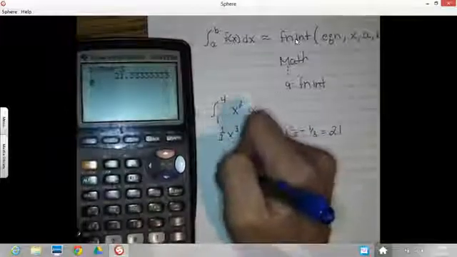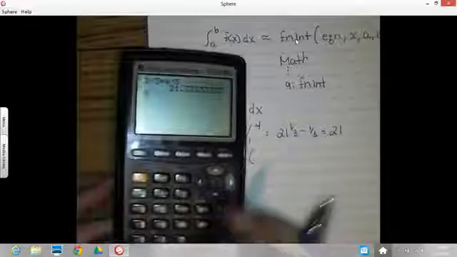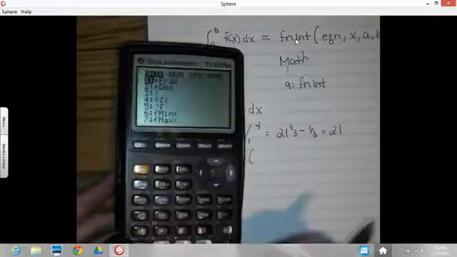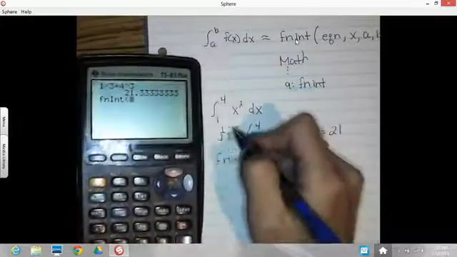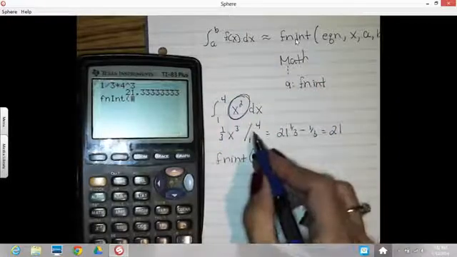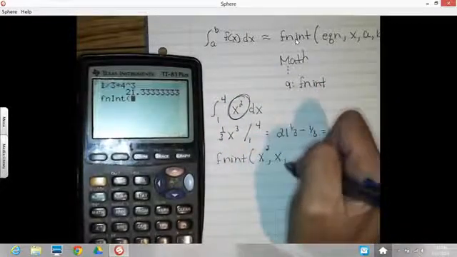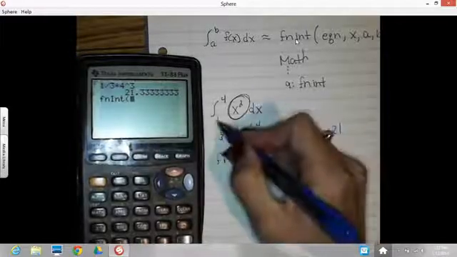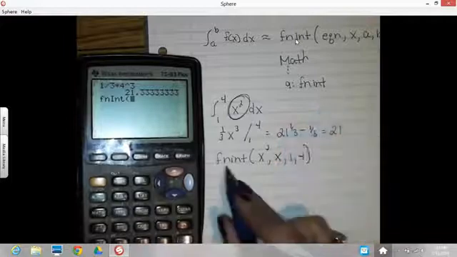Okay, let's look at the function integrate. If I go to function integrate, so math, down to function integrate number 9, I have to put in the equation. My equation, the original equation, because I didn't do any antiderivative yet, is x squared, comma x, because that's the variable I'm using, and my boundary is from 1 to 4. So I just type that in.